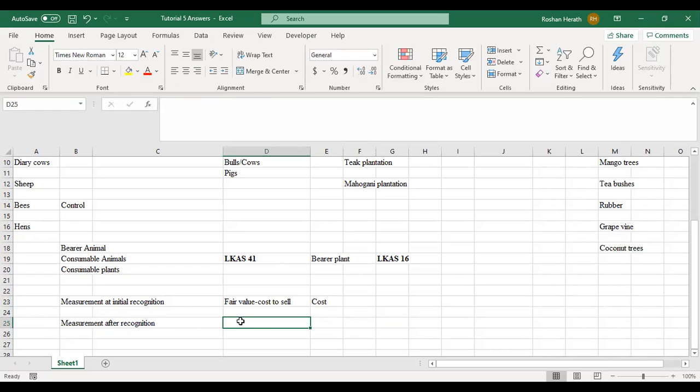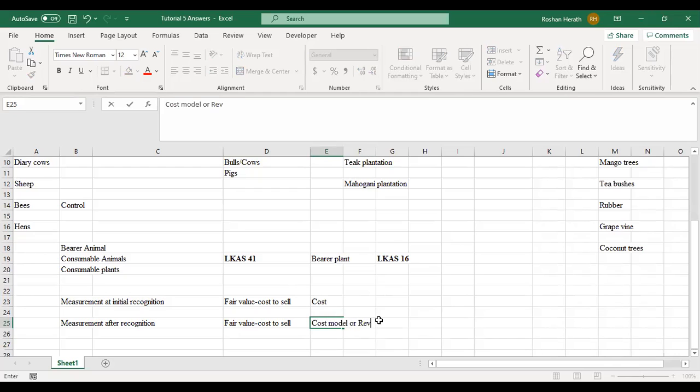It again needs to be measured at fair value less cost to sell. When you come to the bearer plant, since it's PPE, you can either go for the cost model or the revaluation model. So these are the differences in accounting treatment.